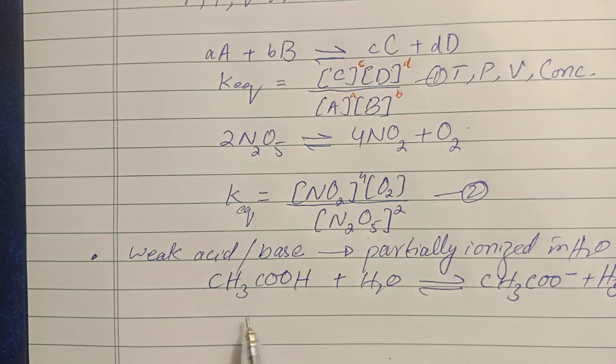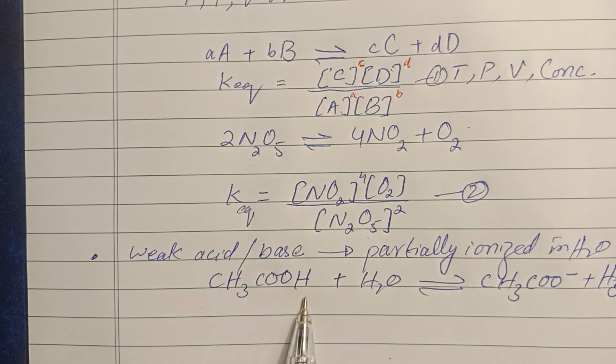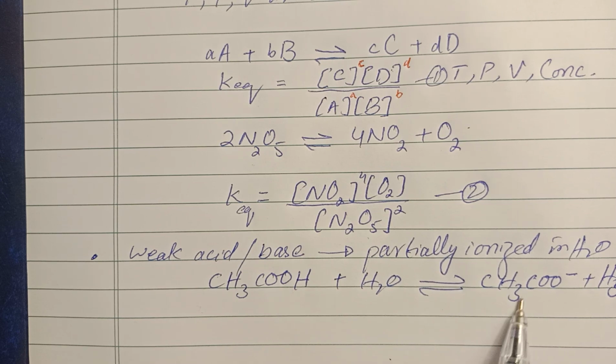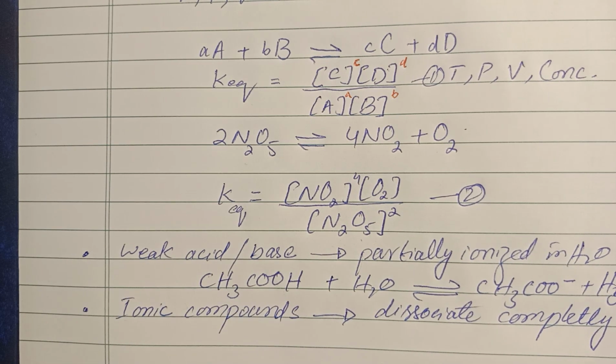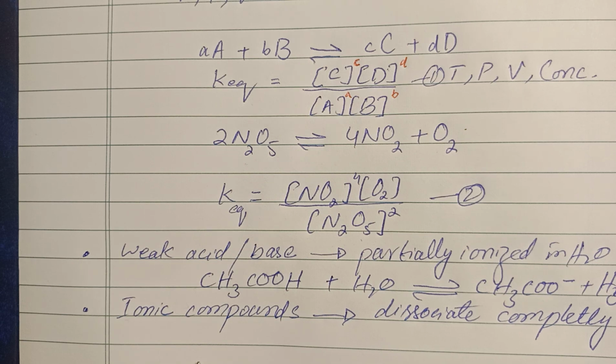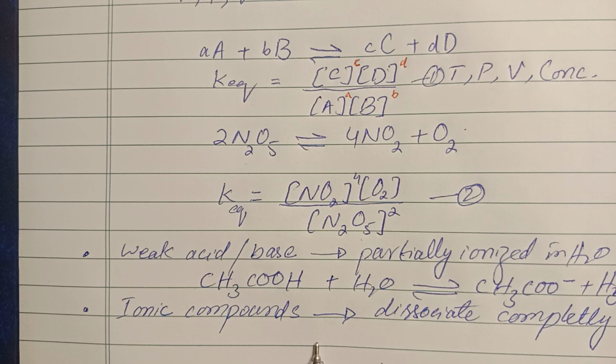In the solution, the species which are in molecular form have more concentration as compared to the ionized forms. The second point is that ionic compounds like salts dissociate completely in aqueous solutions.